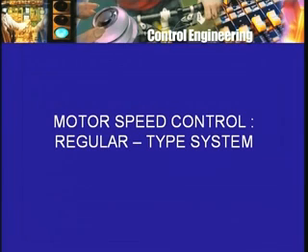And just about the only case in which this happens is precisely the case of another kind of system that I mentioned in the beginning. What we are talking about, motor speed control, is a regulator type system. The goal is to keep the output quantity constant.